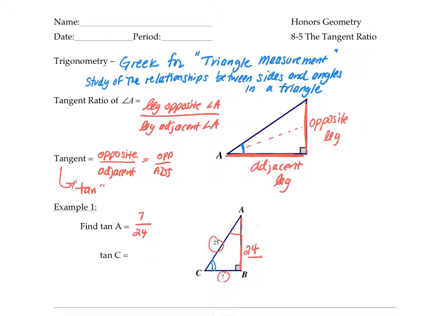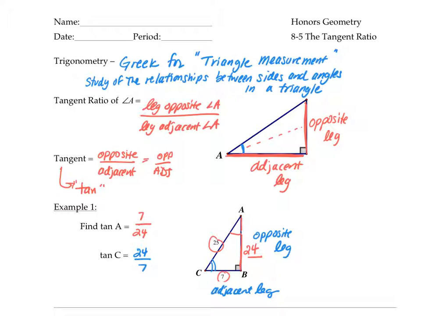Angle C, the opposite leg, is 24. And 7 is now the adjacent leg. So notice that the tangent of angle C, instead of being 7 over 24, will be 24 over 7.